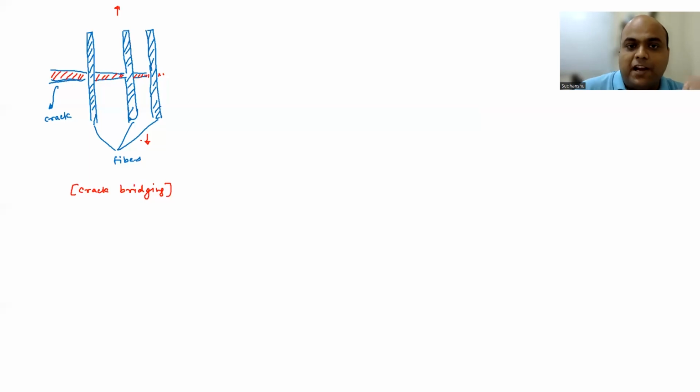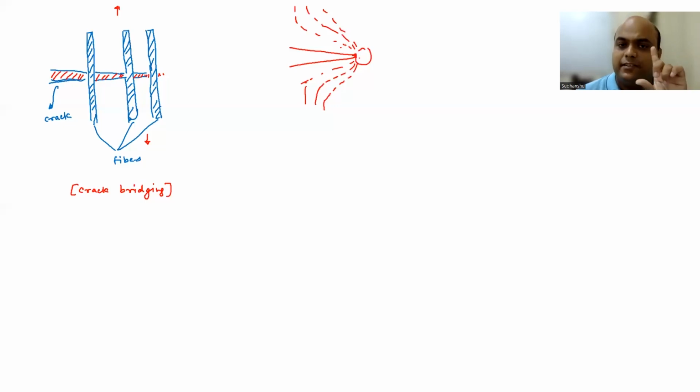So suppose there is no fiber. So now let me explain it in a better way. Suppose you have a crack, there is no fiber. So if you remember the stress trajectory concept, we discussed something like this. So you are going to have certain number of line of forces, imaginary lines, and this is the concept of stress concentration in front of the crack tip, right?